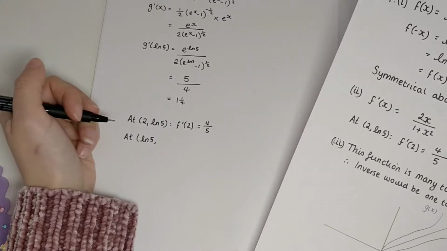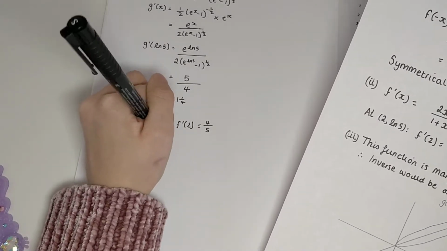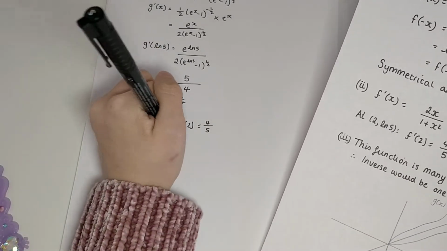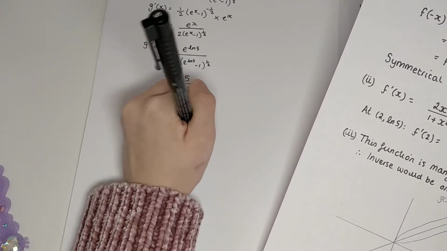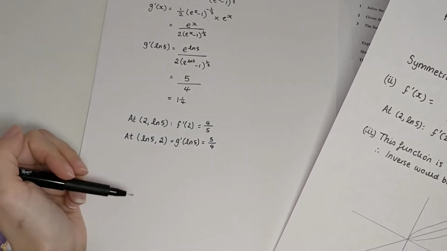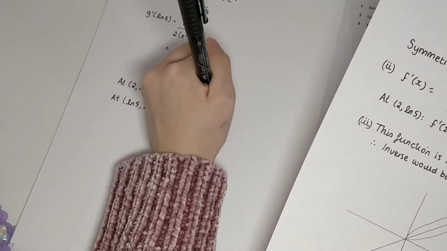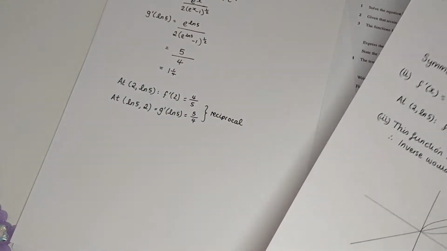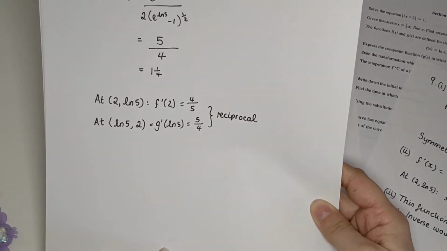Because g of x is the inverse of f of x, if the x coordinate is log 5, the y coordinate will be 2. It's the opposite way around because you've switched the x and y around. And the gradient at that x value is the same, but swapped around, it's reciprocaled. And I'm just going to write there, reciprocal. That's my way of explaining the relationship.